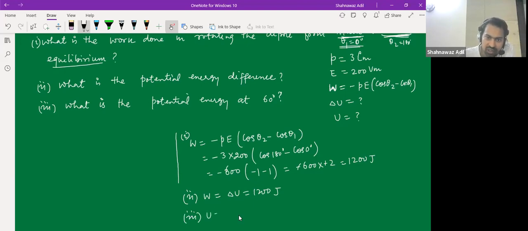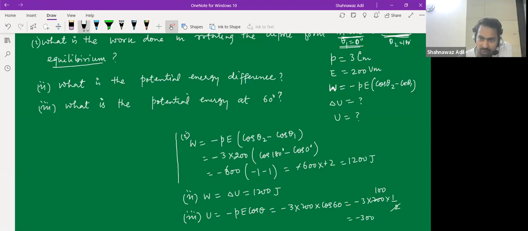Potential energy is minus PE cos theta, right? So minus 3 into 200 and cos of 60, which is half. So this is 100, so minus 300 joules.